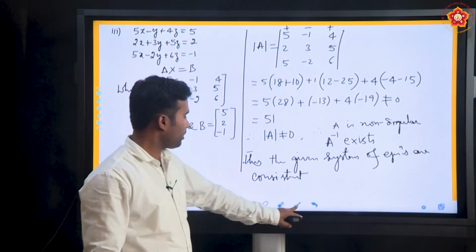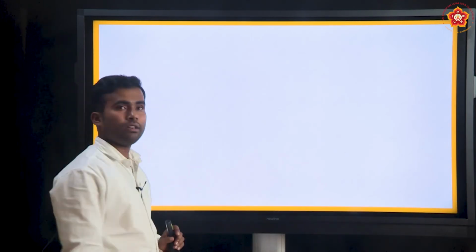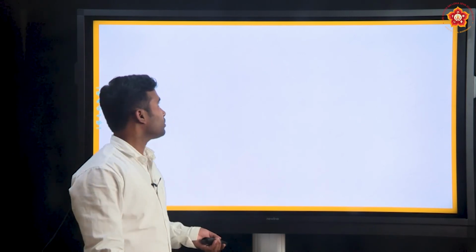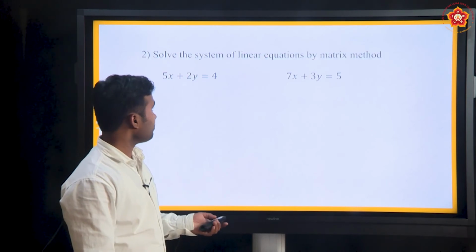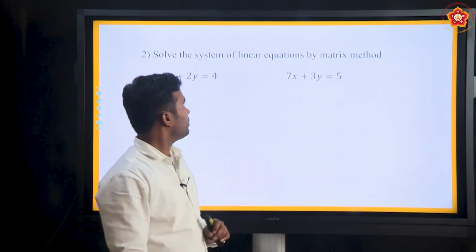So, now we will solve system of linear equations, okay, by matrix method. Understand? So, that is important. See, here we have 2 equations.